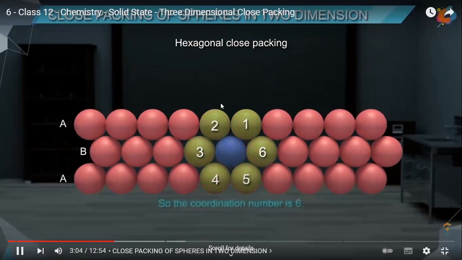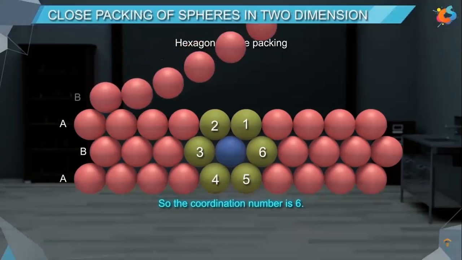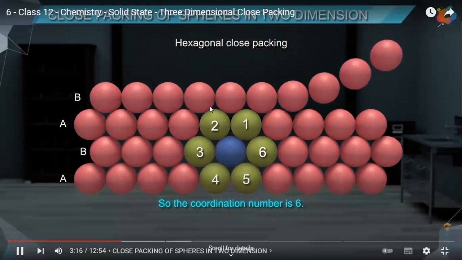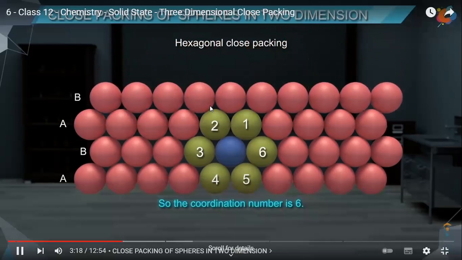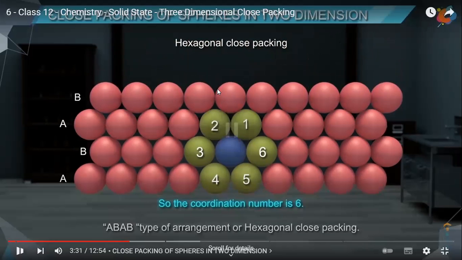So, the coordination number is 6. Similarly, on placing the fourth layer, the fourth row of spheres are aligned with those of the second layer. Hence, this type of arrangement is known as ABAB type of arrangement or hexagonal close packing.